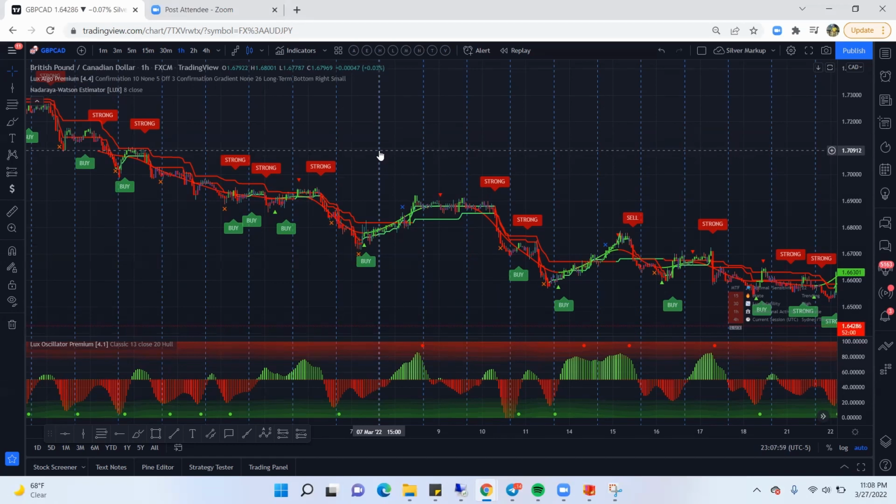On my journey of trading and looking at Lux Algo, I discovered a strategy that will absolutely make things a whole lot easier for you and be able to catch the best trades that Lux Algo can provide.